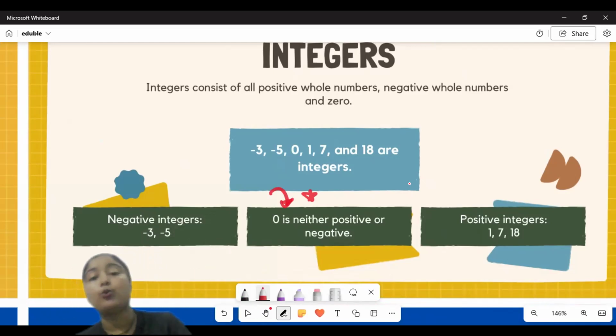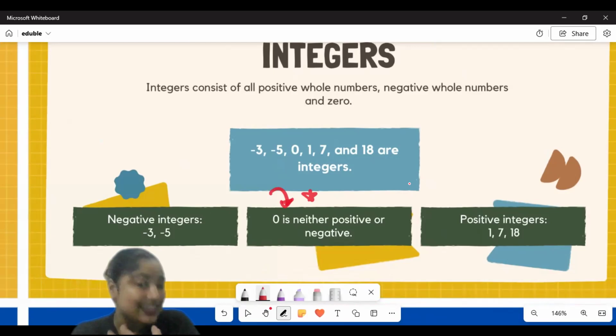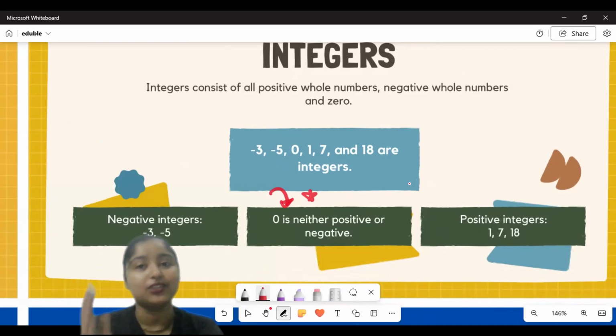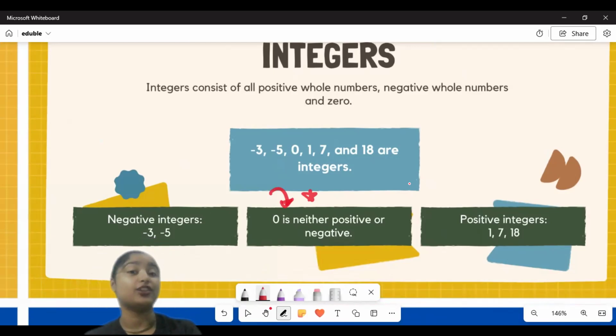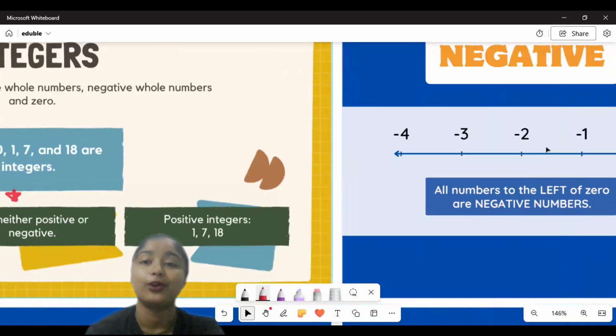Zero doesn't go with the identity of either a negative number or a positive number. It has its own unique and special identity. Though it doesn't stand out in normal numbers, in integers it plays a special role.